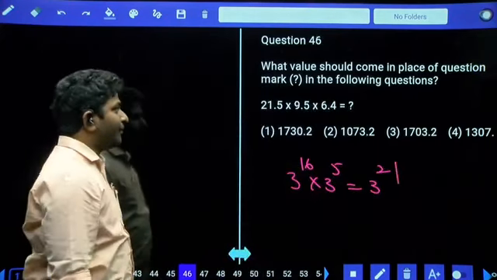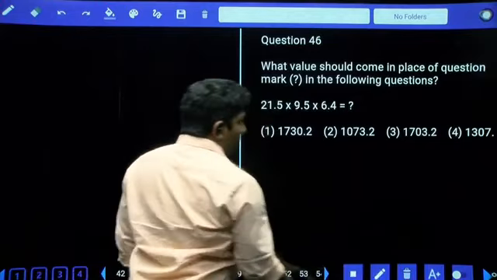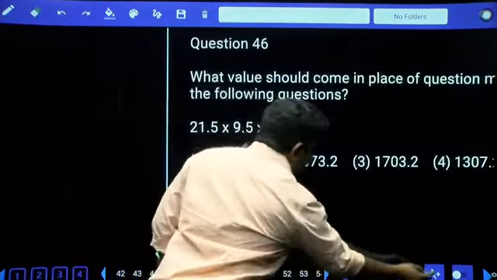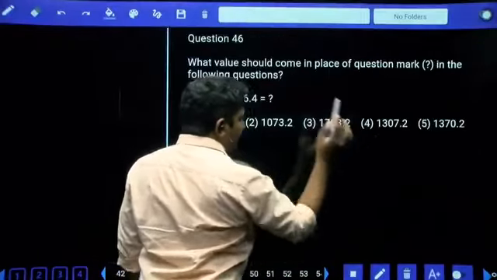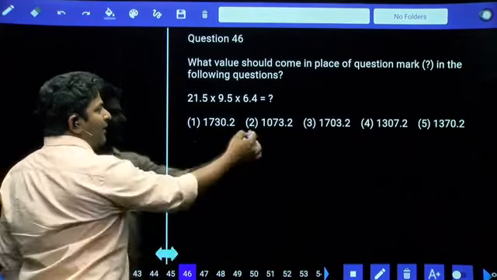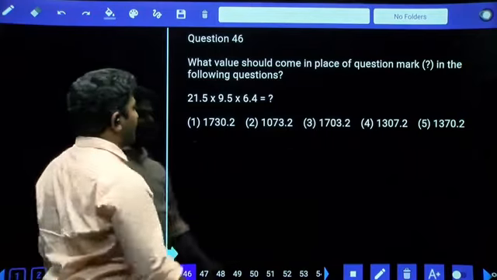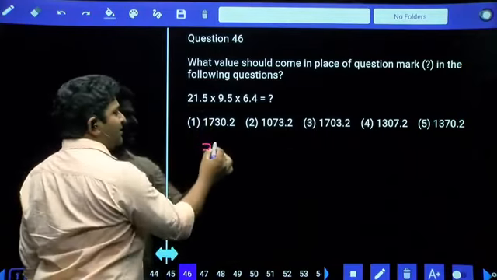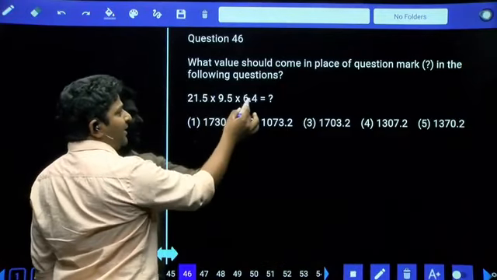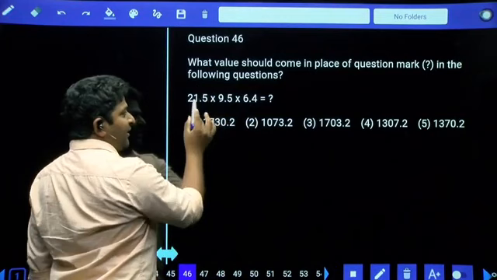Second option answer. Now, if you want to do it, it might take some time, but if you observe these numbers carefully, after digit there is only one number. So let us write this number as 215 by 10, 95 by 10, 64 by 10. This is 5 multiple.